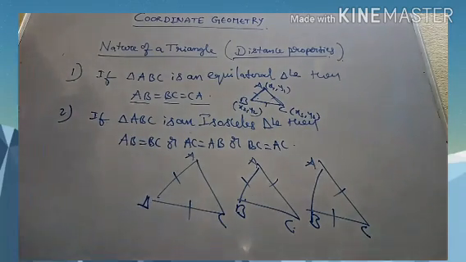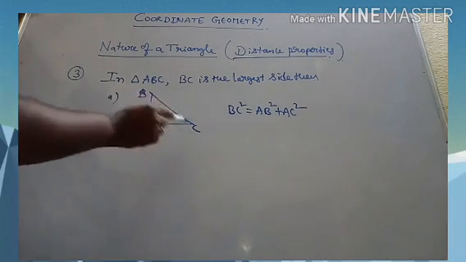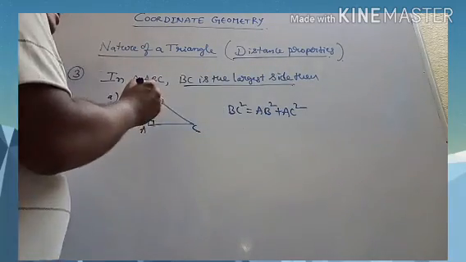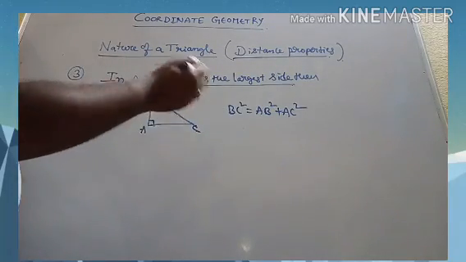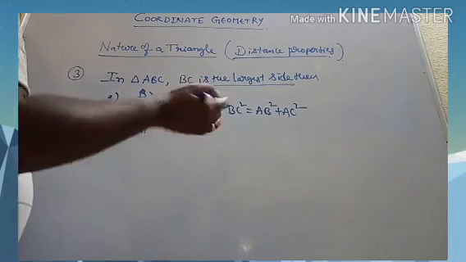Now, how to prove a given triangle is a right angle triangle. Whenever they give three vertices A, B, C, and BC is the largest side, you know how to find BC, AB and AC using the distance formula.